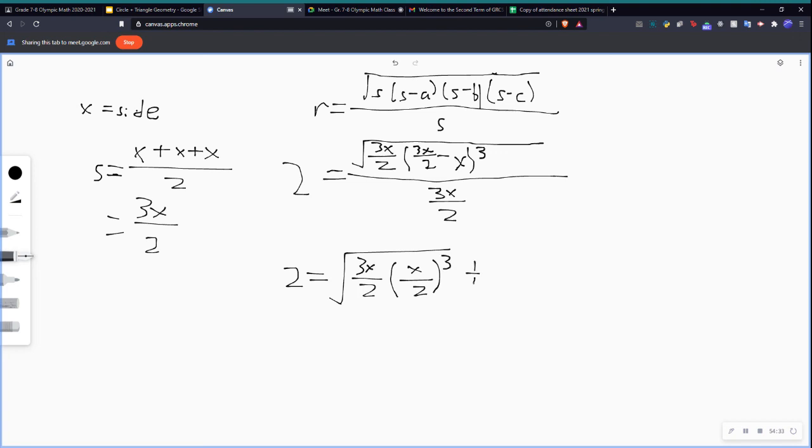And this is just divided by 3x over 2. Basically we're just solving for x now from this equation, from this point on. So this will give you 3x. I'll simplify this in one step. So this is just x cubed over 8.